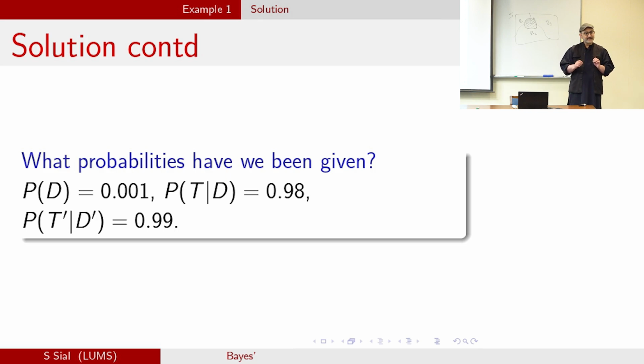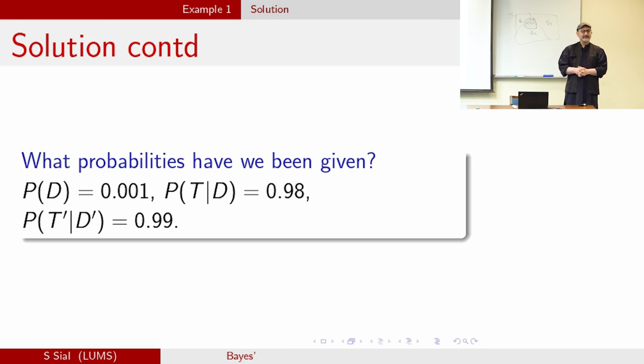And the probability that the test gives a negative result, the complement of giving a positive result, given that the person doesn't have the disease, the complement of D, is 0.99. So we have the probability of T given D, but I want the probability of D given T.